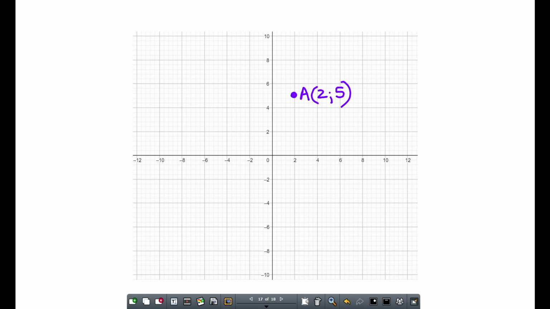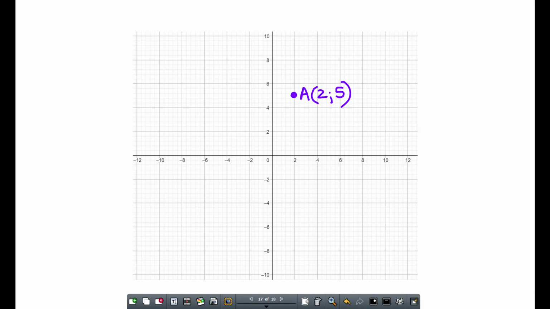Reflect A in the x-axis. Good, 2 and minus 5, right? Hands up. Reflect A in the y-axis. Noah? Minus 2 and 5. Yes.